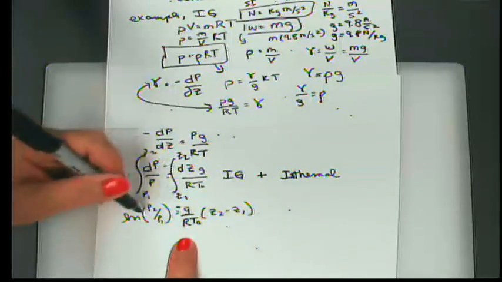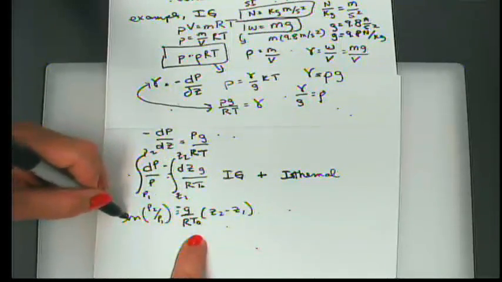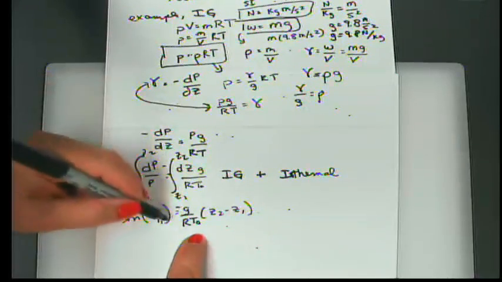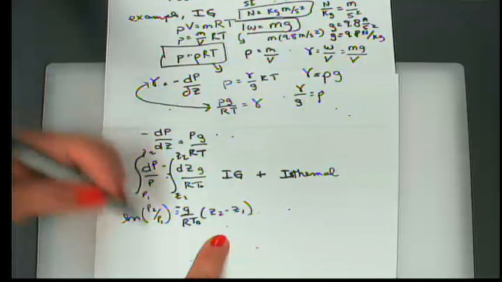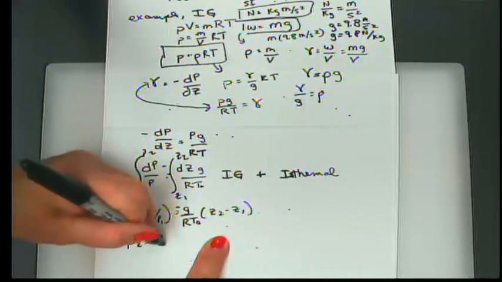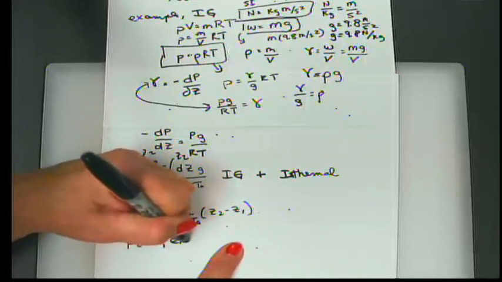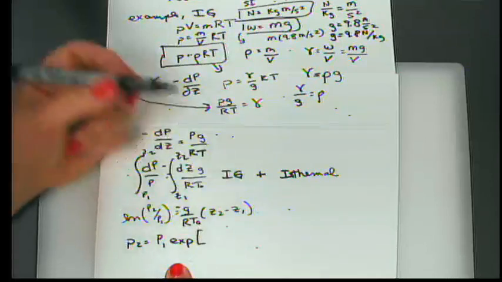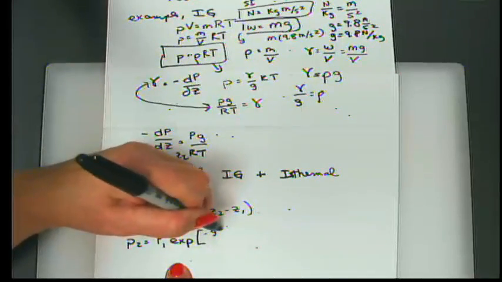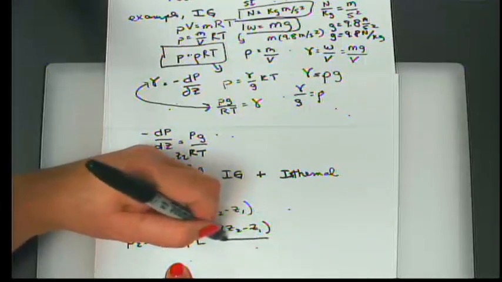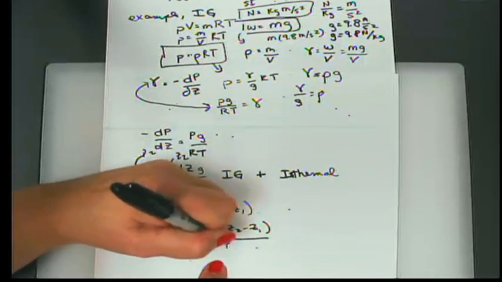Then you can take both sides to the e power, and you get P2 over P1 equals e to this, or you could rewrite it as P2 equals P1 times e, the natural base, raised to this whole thing, minus g times z2 minus z1 over RT0.